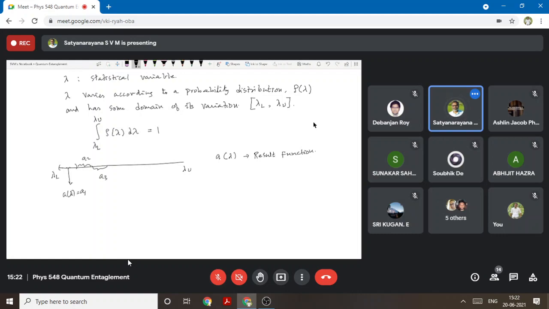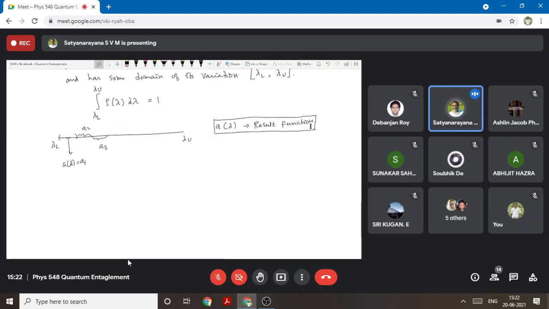I'm just saying that for certain values of lambda, it will take the same eigenvalues as those of the operator A. The result function has to be tailor-made in such a way that it agrees with eigenvalues of A for different values of lambda. That is what we use this result function for.